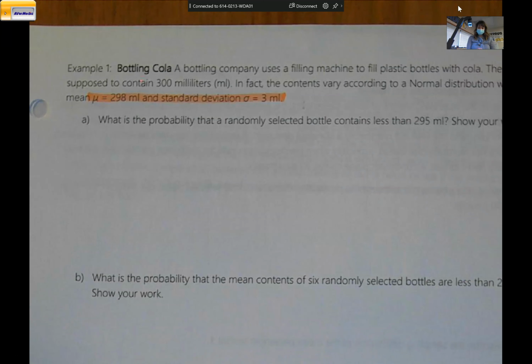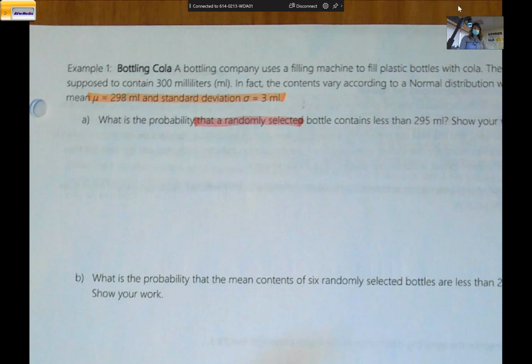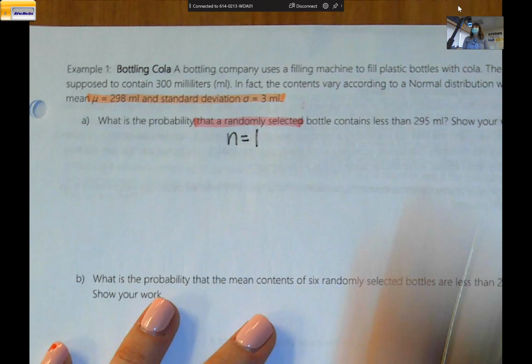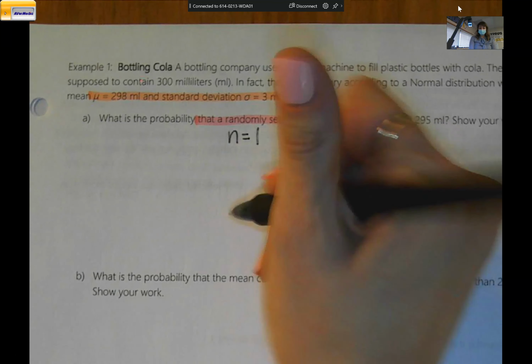One thing that is extremely important that you understand from this problem is that n is 1. You are taking a sample, but the sample size is only 1. You are taking 1 bottle from the distribution. So we are not looking at an x bar, we are looking at an x value. So here's what I mean by that.